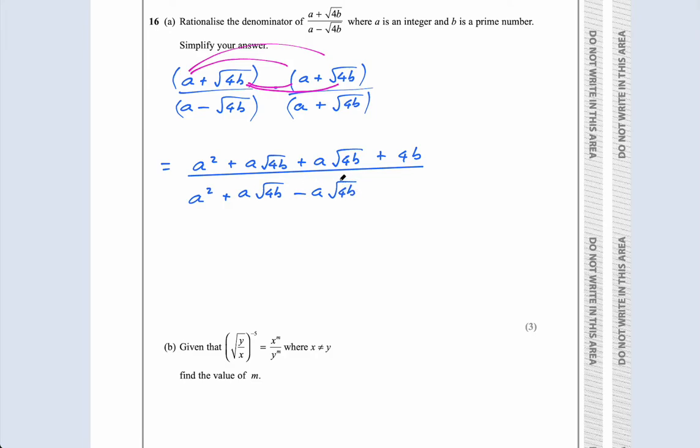So these two cancel, and it gets rid of the root, because root 4b times root 4b is 4b, but it's minus 4b here. And then all I have to do is simplify both. So the numerator simplified is a squared plus, I need to add these two, a root 4b plus a root 4b is 2a root 4b.